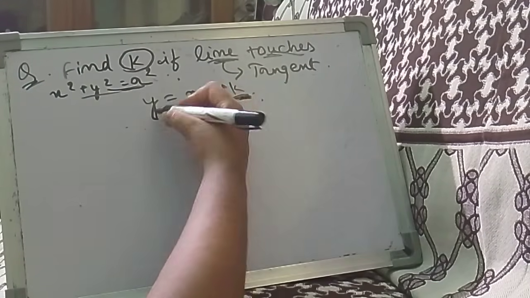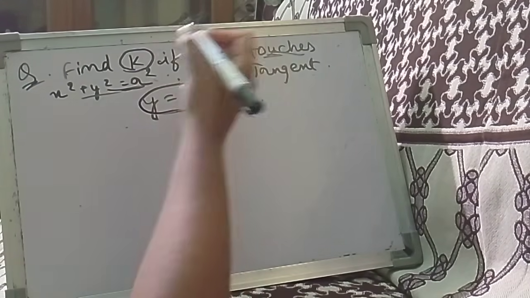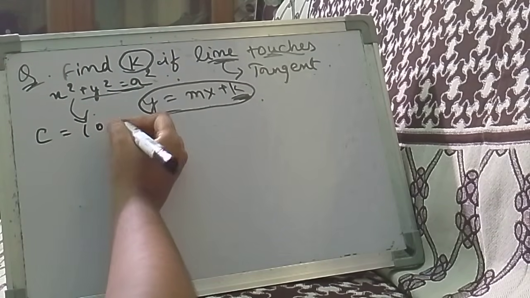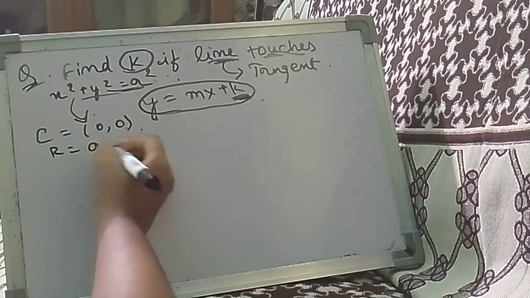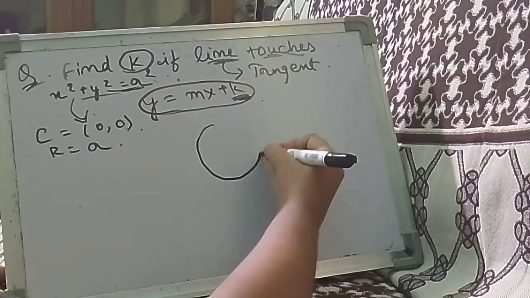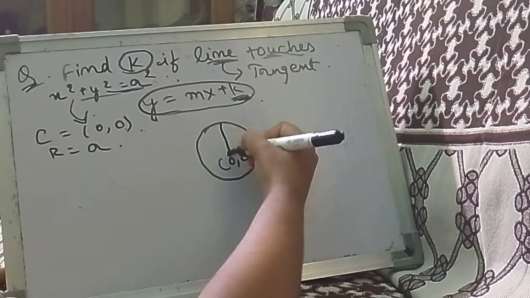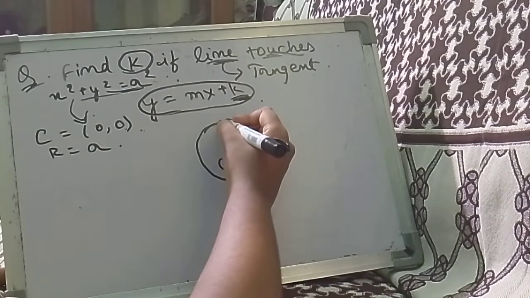To find this k's value, this circle has its center at (0, 0) and radius a, and this is the tangent.